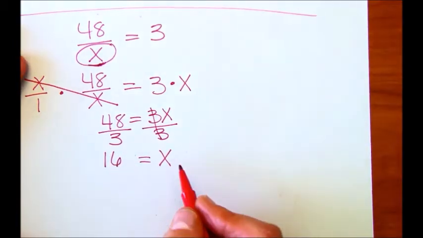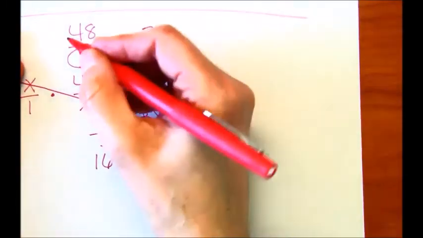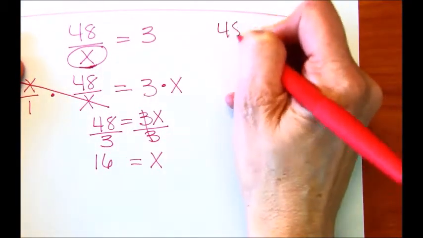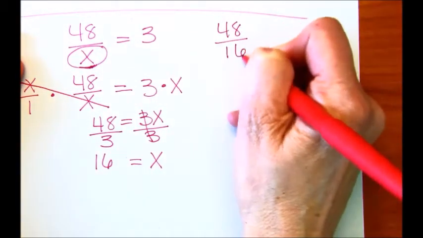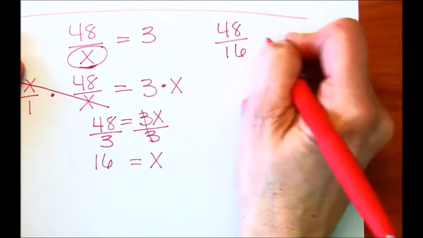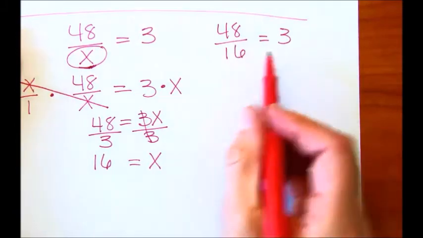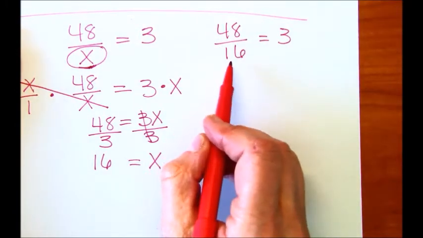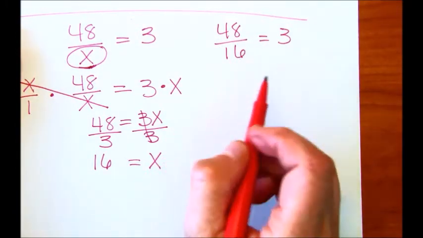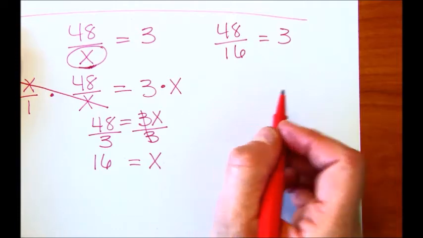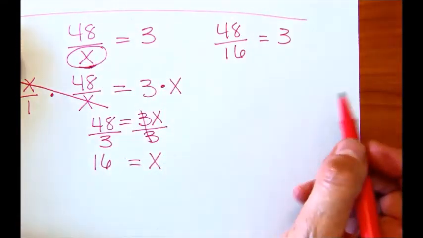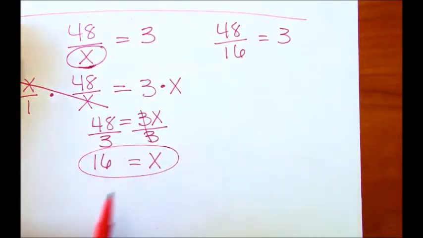And if I want to plug that into my original formula, I'm going to go 48 divided by 16, and that's going to give me 3. If you're not sure, you can get out the calculator or do some mental math, but I know that's going to equal 3. So because 3 equals 3, the value of x in this equation is going to be 16.